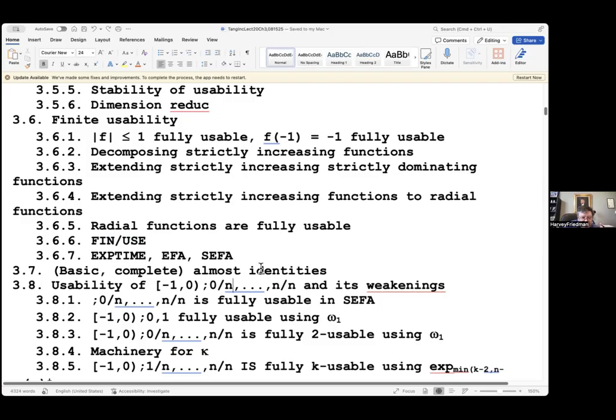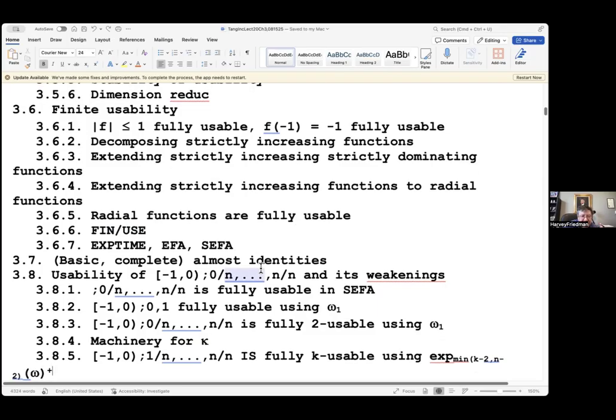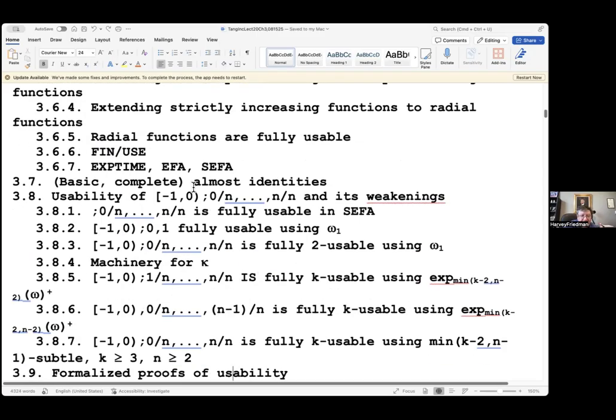All right. And I beefed up this chapter on the almost identities. So I have a lot more material on the almost identities. Believe it or not, there's a lot of intricate stuff that has nothing to do with large cardinals about almost identities. What is the structure of an almost identity function on the rational interval -1, 1, which we use for everything? It turns out that there's a lot of combinatorial trickery to understand that well.